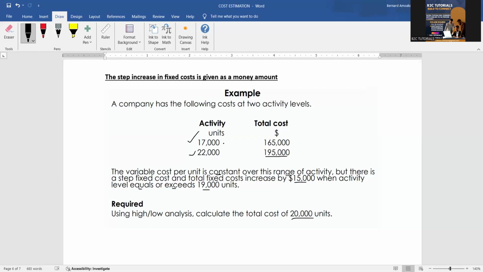But then that of the 17,000 had not captured the 15,000 in it. So what you can do is ensure that they both have it in it, and then you'll be able to do your computation, after which you come and determine for 20,000 units. So looking at these two here, we need to increase our total cost by the 15,000, though the activity level is not up to it.